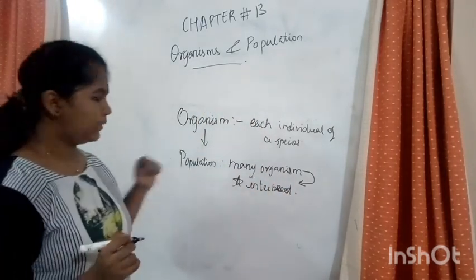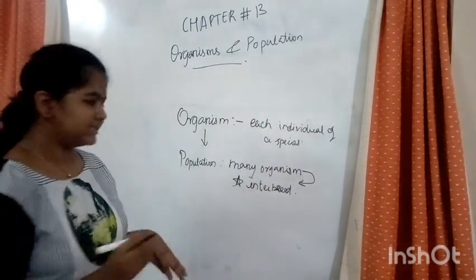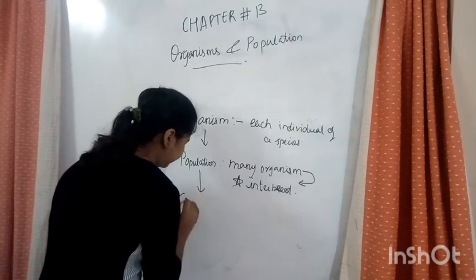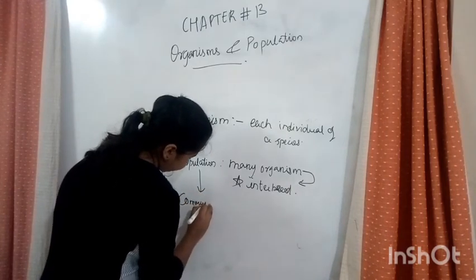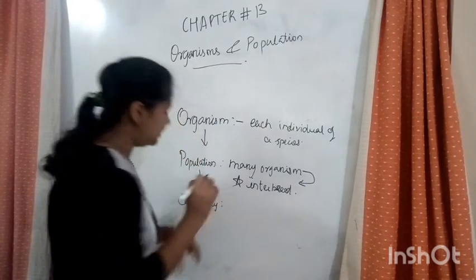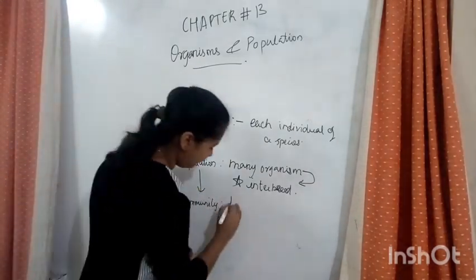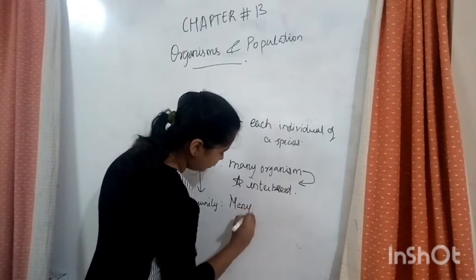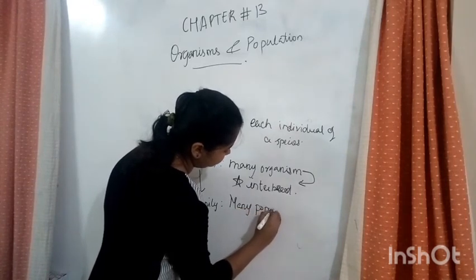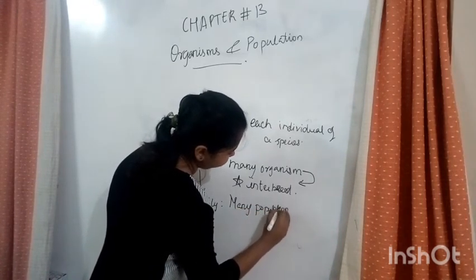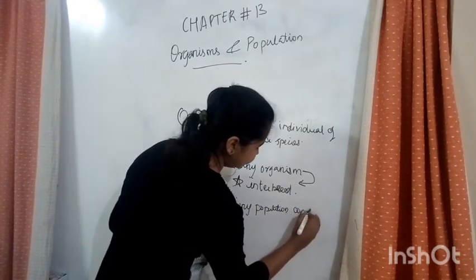Okay, so that is population. After population, what is that? Community. Community is many populations coming together.